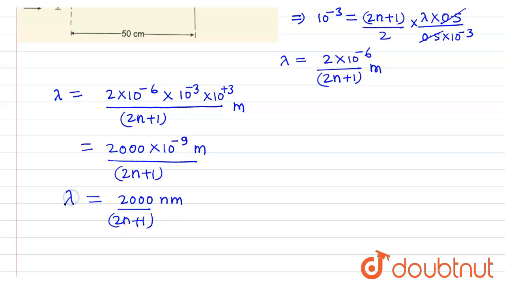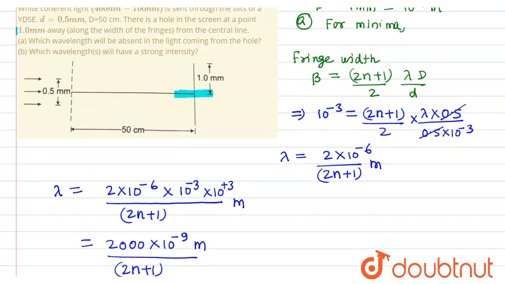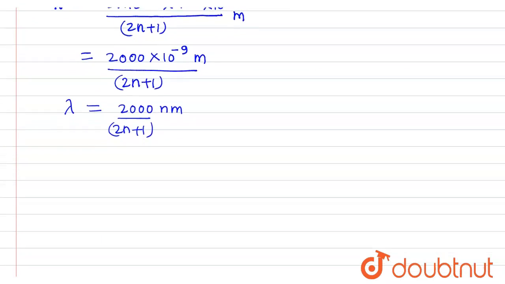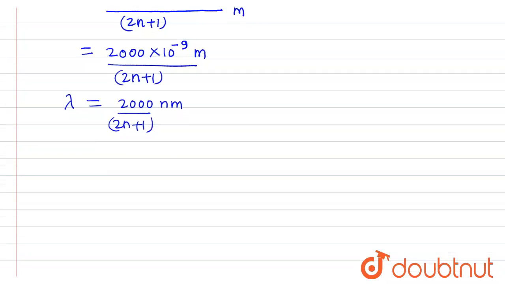And we are given the range of lambda as 400 nanometer to 700 nanometer. So if we put the value of n equals 0, then lambda will be 2000 upon 1 nanometer, that means 2000 nanometer.